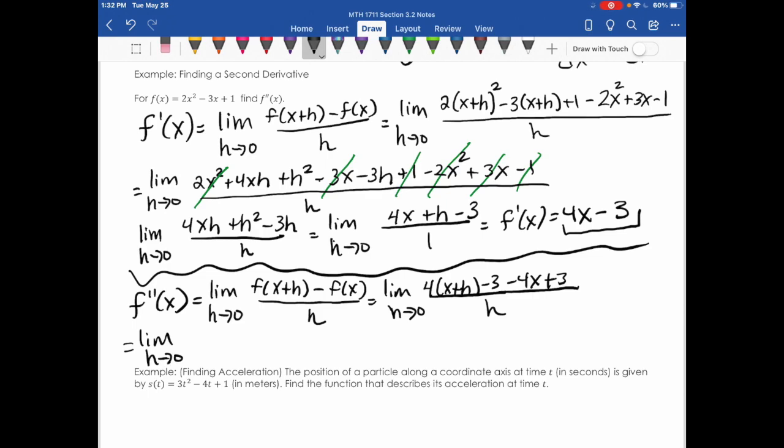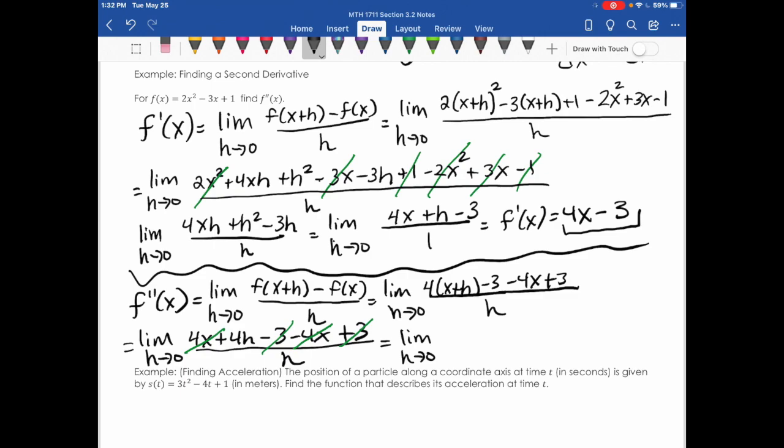I'll continue down here. So I get the limit as h approaches 0. If I distribute that 4, I get 4x plus 4h minus 3 minus 4x plus 3 all over h. Now I can start crossing stuff off. The 4x and the minus 4x disappear.